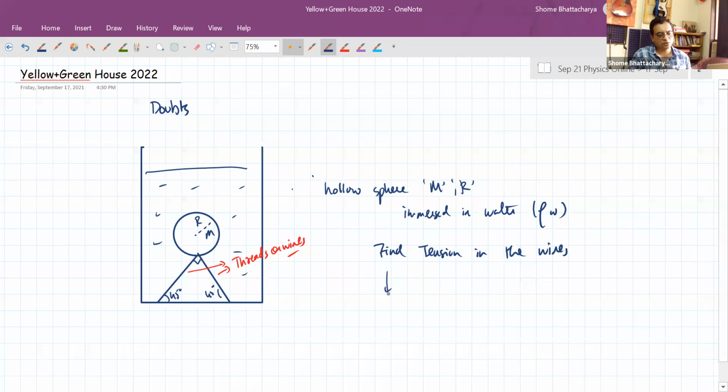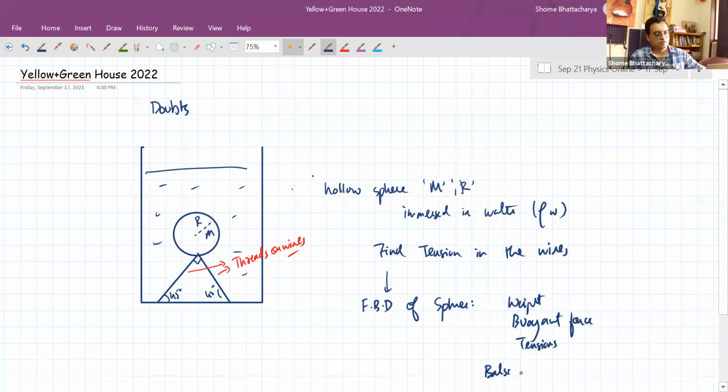So basically the method to do this, Diti, is make the free body diagram of the sphere. Okay. Forces on it will be weight, okay, buoyancy or buoyant force, and tensions. Okay. So balance the forces for equilibrium, and you should get the value of the tensions.